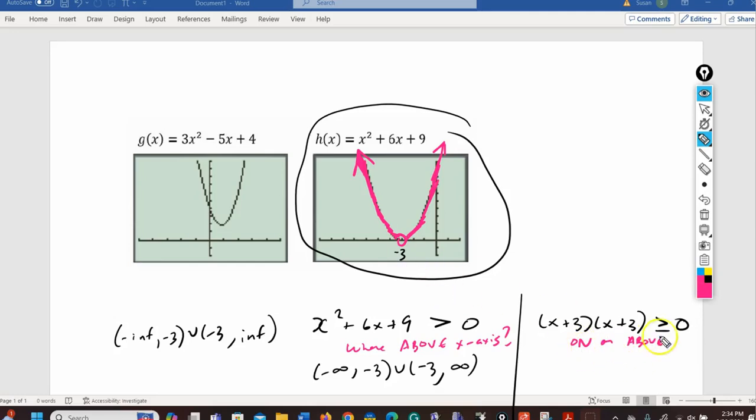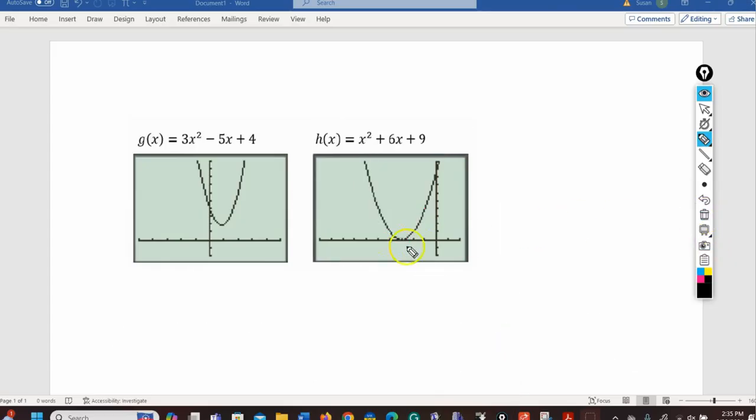And now on is allowed because of that symbol. And so it's everywhere now. And there's no gap. If I use the x-axis to measure how wide this is, it's true everywhere. No matter what value x is, it will always be either above or on the x-axis.